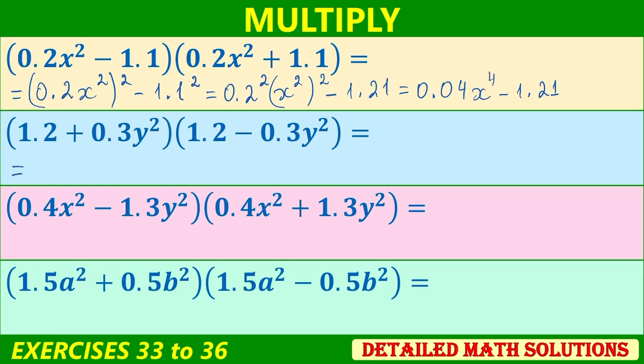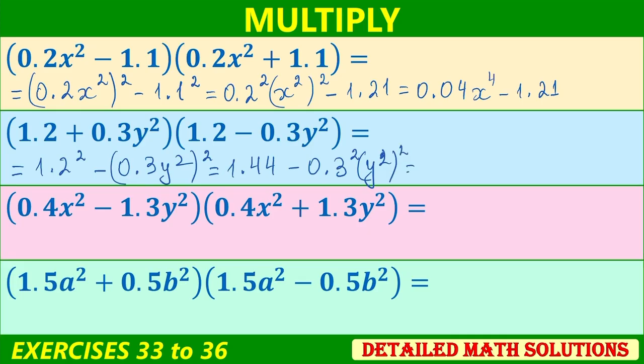When I apply the formula, I have 1.2 squared minus (0.3y squared) squared, which equals 1.44 minus (0.3 squared multiplied by y squared) squared, which equals 1.44 minus 0.09 y to the fourth power.